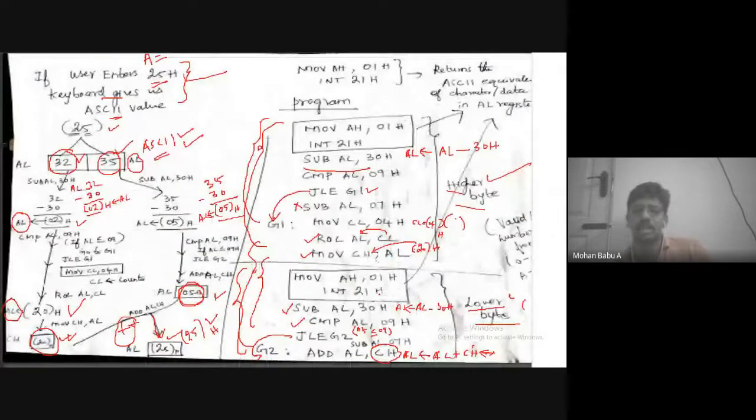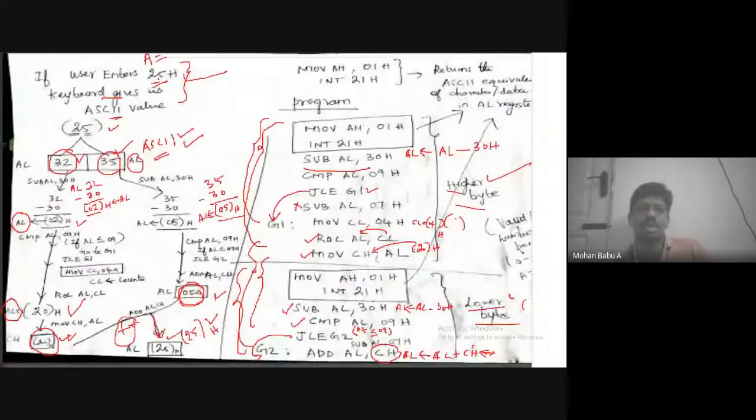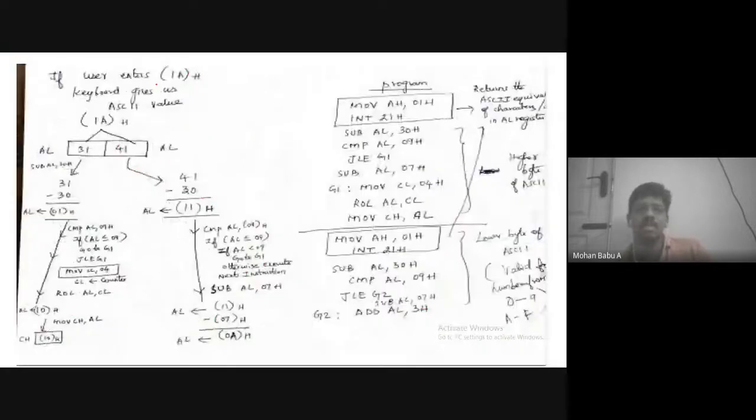But there are some differences. Here we used only numbers. But the second 8-bit input contains numbers as well as alphabets. If the second 8-bit number contains alphabets, we need to do a different set of procedures.